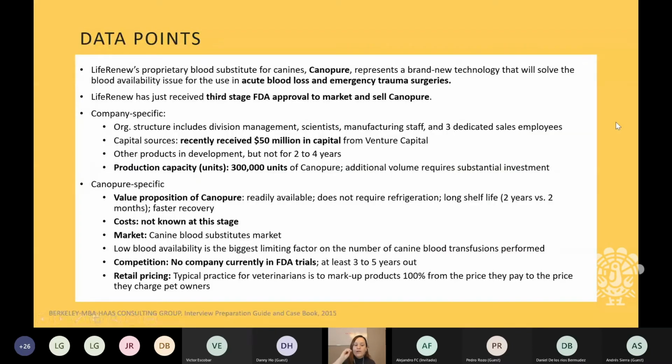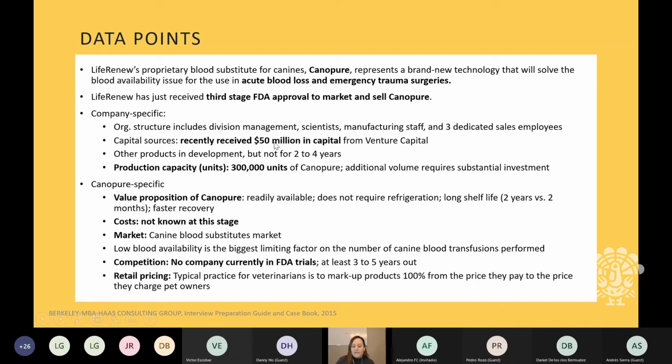One of the key data points of this exercise, and I will provide the slides so you can have more insight, is that this biopharmaceutical has Canopur, the blood supply for blood loss, emergency, and trauma surgeries. It is currently reaching FDA approval.